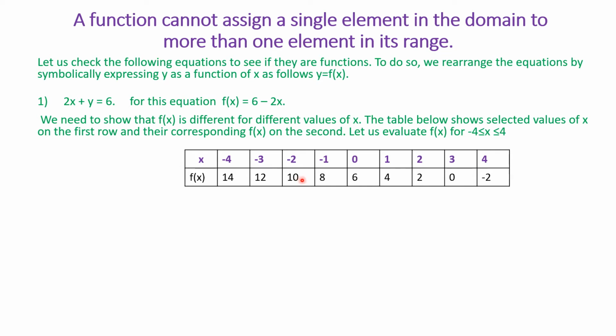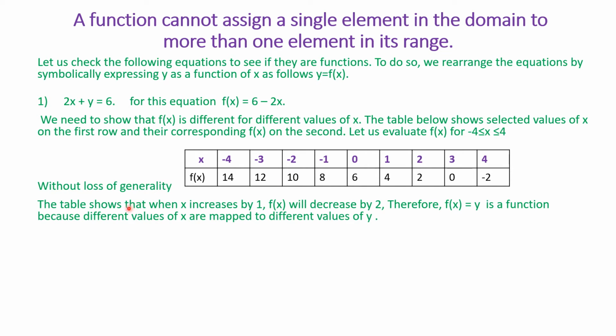So that's the ratio, and this is a linear relationship. Without loss of generality, the table shows that when x increases by 1, f of x will decrease by 2. Therefore, f of x equal to y is a function because different values of x are mapped to different values of y.